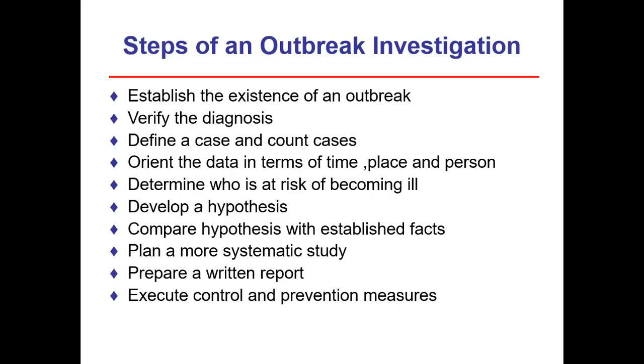Then you also need to determine who is at risk, and what puts people at risk. Develop a hypothesis for that. Compare your hypothesis with established facts, test the hypothesis, do a systematic study or research into what's going on, prepare a report, execute control and preventive measures.